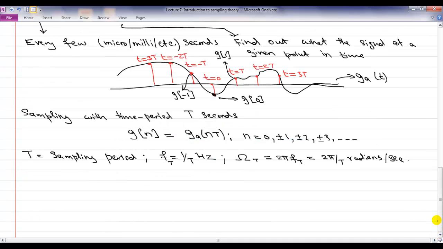So if you, for example, look at the songs that you are listening to on your MP3 player, oftentimes you would read that the sampling rate of that song is 44.1 kilohertz.